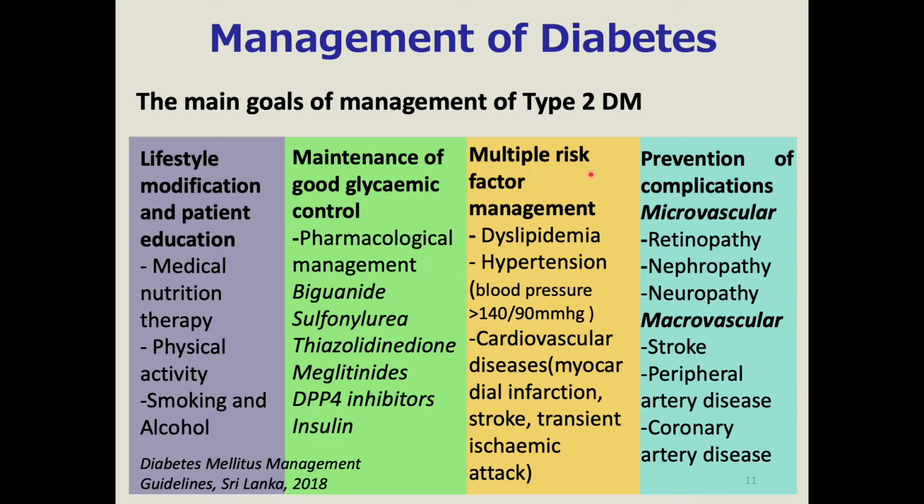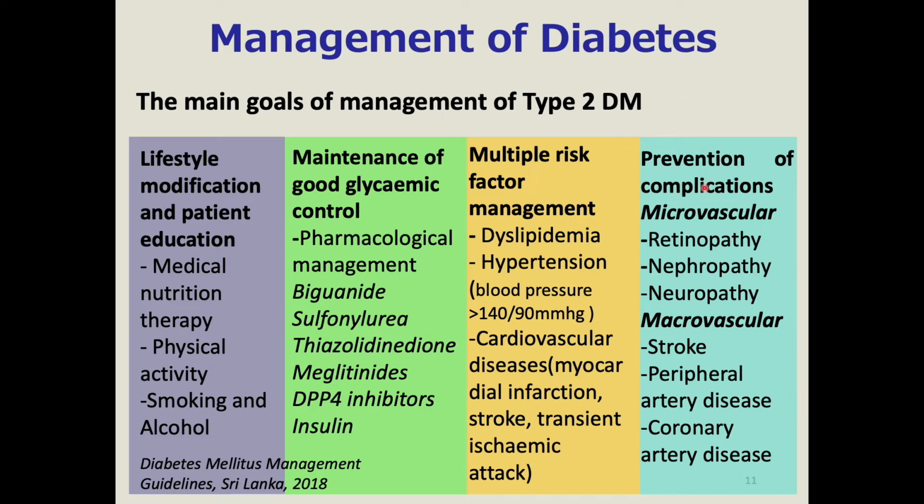The next goal is multiple risk factor management. Apart from diabetes mellitus, we have to manage dyslipidemia, hypertension, and cardiovascular diseases such as myocardial infarction, stroke, and transient ischemic attacks.